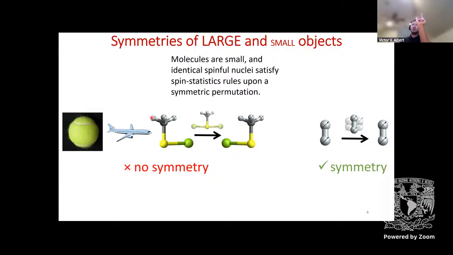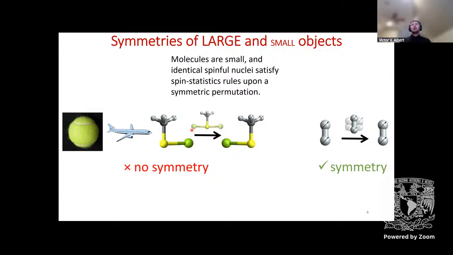Because the nuclei are identical and they're either bosons or fermions, they have to satisfy spin statistics, giving you either plus or minus 1, depending on how many permutations happen. However, with this molecule, when you rotate it like this, you are permuting the 3 hydrogen atoms at the top, but the bottom guy is moving to a different position. And so these 2 orientations are distinct, and they're not identified by a symmetry, because this operation does not rotate the molecule back to the same configuration that it started with. So this is an asymmetric molecule by this notion.